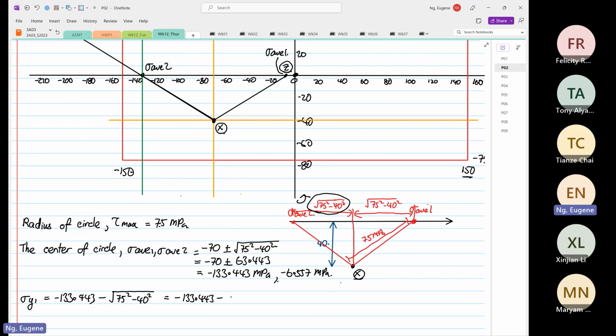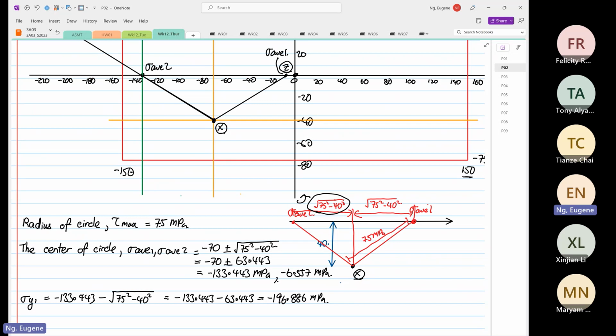Okay, so this is equal to minus 133.443 minus 63.443. So this is equal to minus 133.443 plus minus 63.443, which is equal to minus 196.886 megapascal.